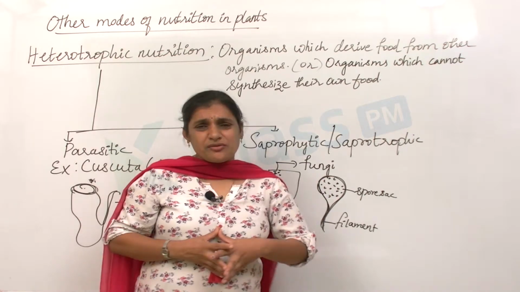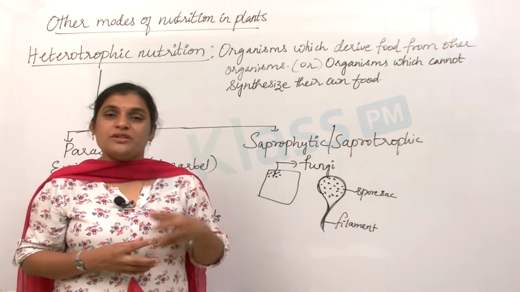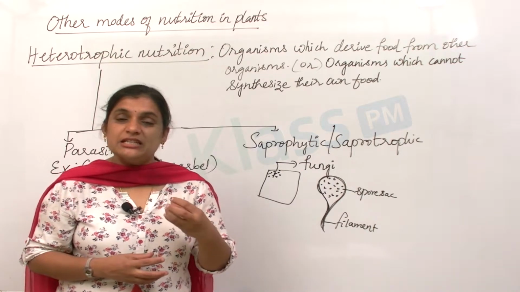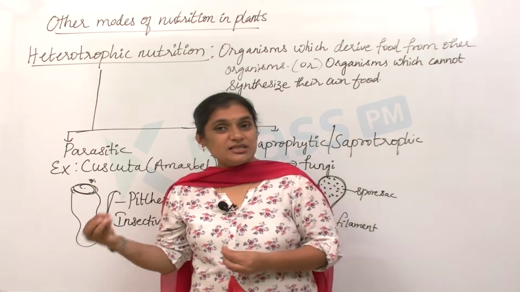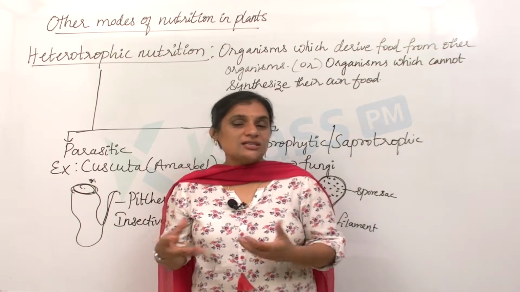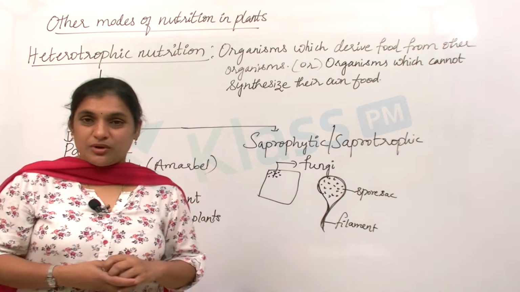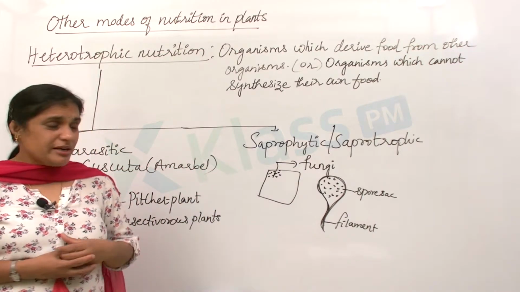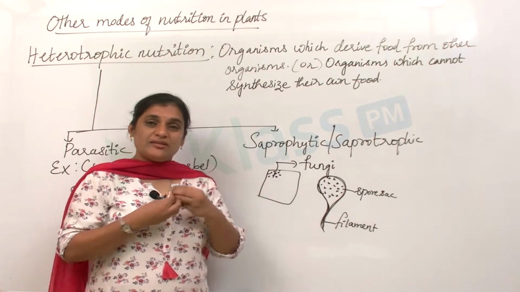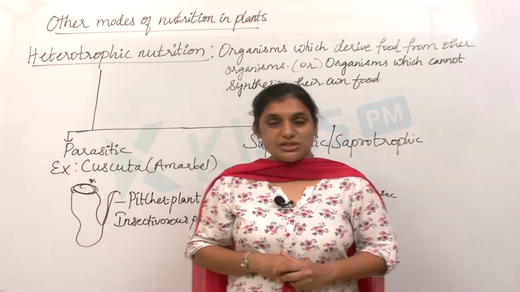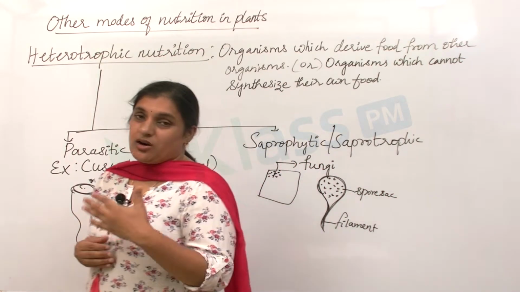So now, how does this fungi derive the food? The fungi starts taking the starch which is present in the bread. We know that starch is nothing but a carbohydrate, right? So as bread is rich in carbohydrate, it has starch in it, right? So now this fungi which is growing on the bread will start deriving the starch and convert it into a solution form, and this is how they derive energy or food.